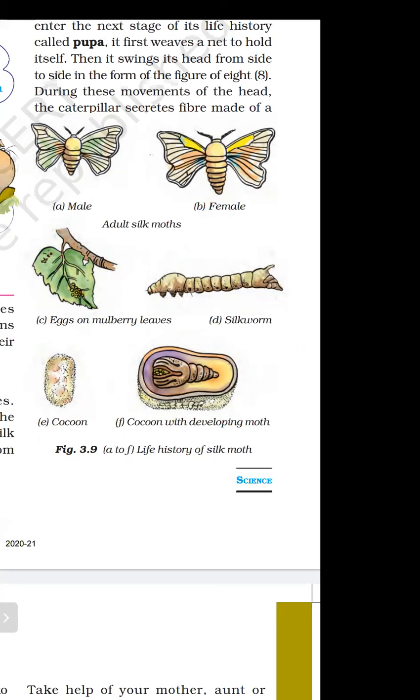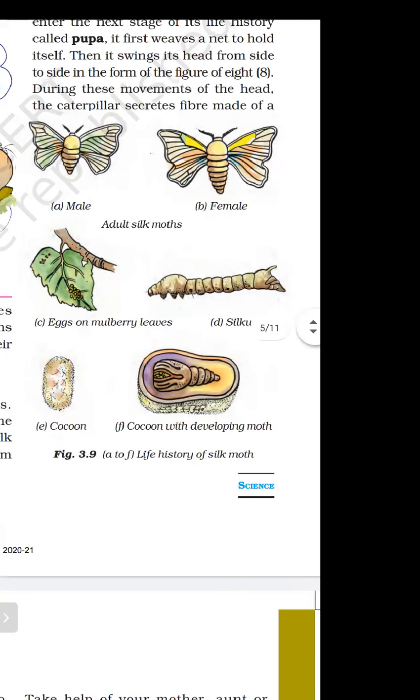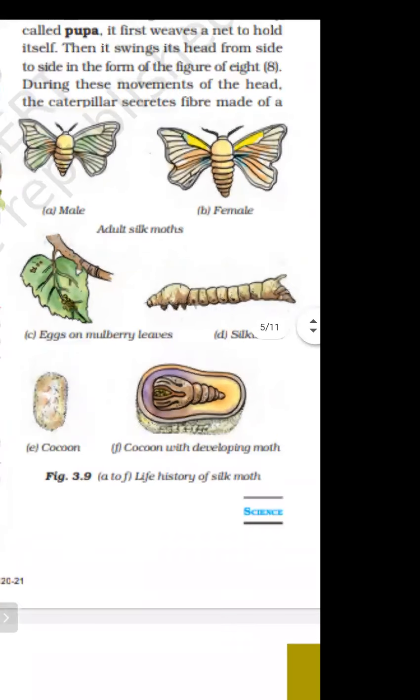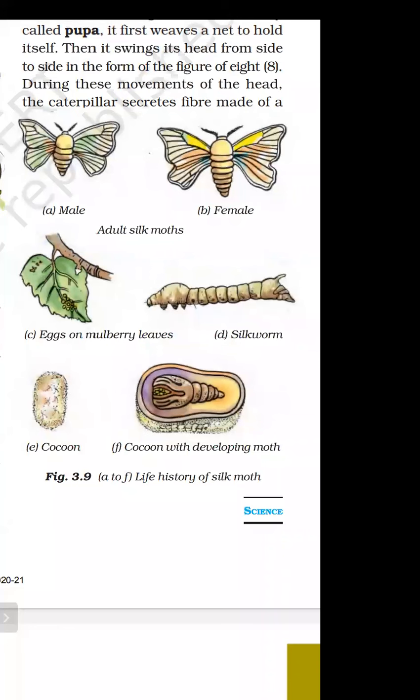series. First A, then B, the female silk moth lays hundreds of eggs on mulberry leaves. So the C part is the mulberry leaves. Then these eggs produce larvae known as silkworms. After some time, this silkworm starts producing some fibers and makes a net in the shape of eight, the cocoon, with the developing moth.